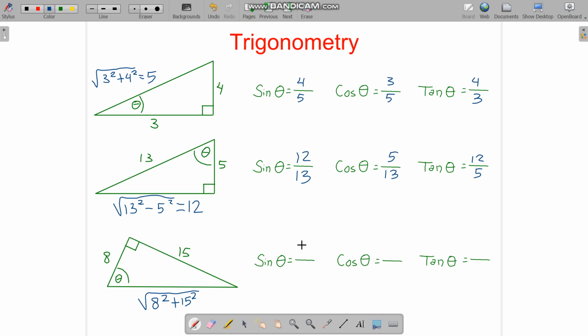And for the sine ratio, SOH, the opposite side across theta is 15. The hypotenuse is 17, so 15 over 17. And the cos ratio is adjacent over hypotenuse, the tangent is opposite over adjacent.